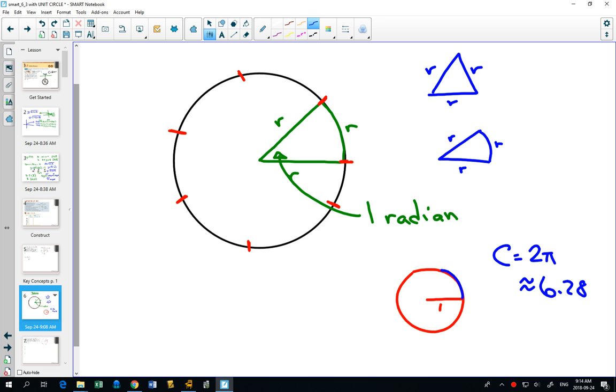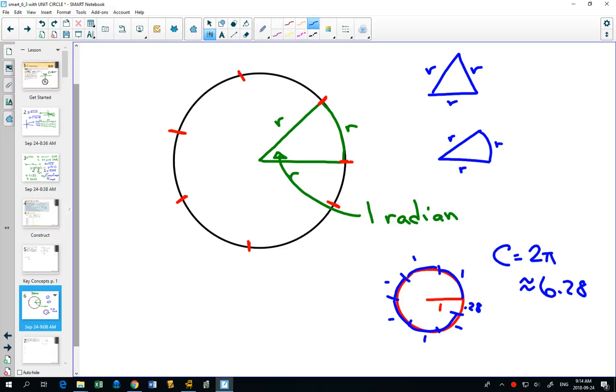So here's 1, another 1, 2, 3, 4, 5, 6, and then 0.28 left. That would be measuring using numbers. There would be 6.28 radiuses around the circle.